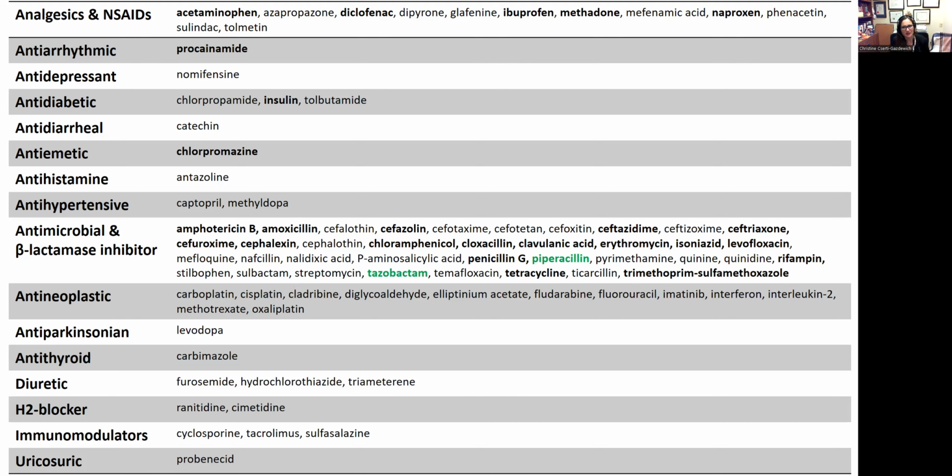This will show up as a positive DAT, but when we do the eluate studies, they will pop out negative because the reagent red cells that we're running the eluate against aren't taking the drug that your patient is taking. And so a positive DAT with a negative eluate is a big red flag for a drug-induced immune hemolysis.